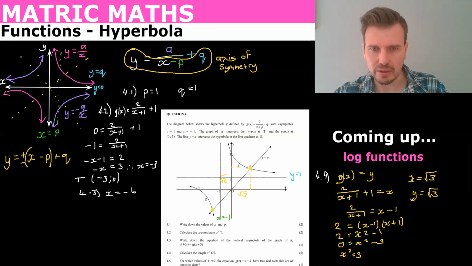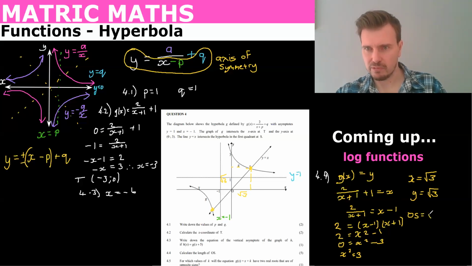It's not, what they want is the length of OS. So this is actually OS squared because it's Pythagoras: root 3 squared plus root 3 squared.